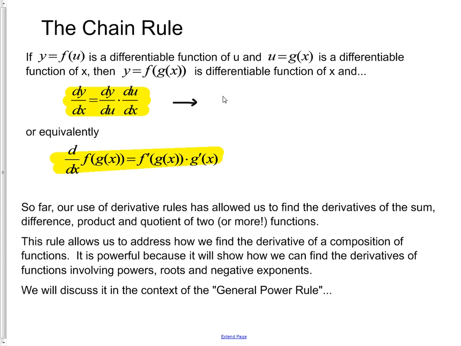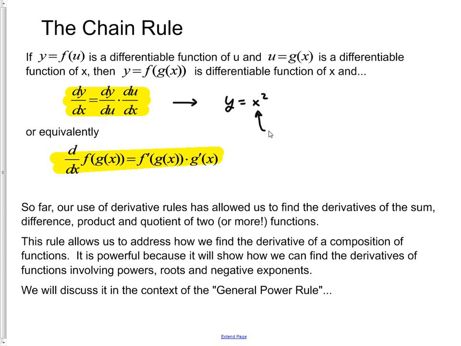Let's say that I told you that we had a function like y is equal to x squared. This is a really basic function. Why would we even need a chain rule? Well, we've actually got two functions going on.